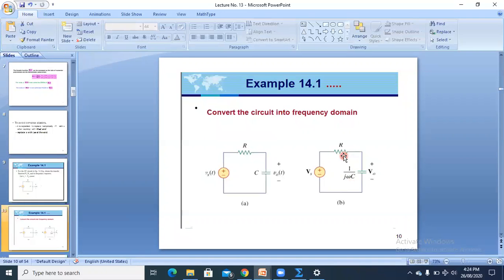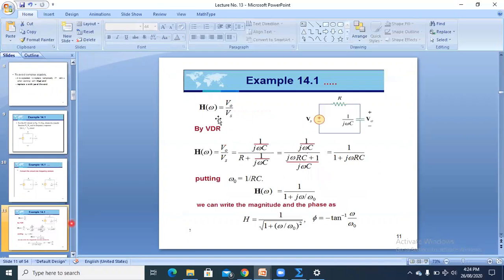So the capacitor becomes 1 by j omega C. Now we have V out by Vs. For this, we apply the voltage divider rule across the circuit. We multiply the supply voltage Vs with 1 by j omega C and divide this by the total impedance of the network.